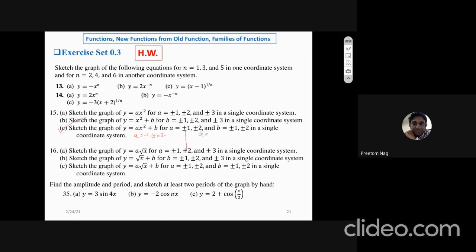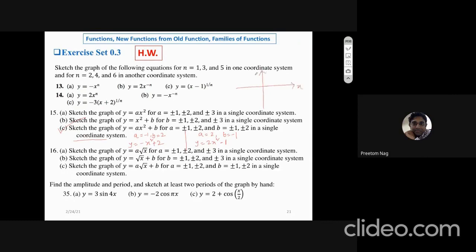Another case is A equals 2, B equals -1. So when A equals -1, B equals 2, then y equals x square plus B will be minus x square plus 2. And when you consider A equals 2, then you have y equals 2x square minus 1. Now draw these two graphs in a single xy coordinate system.